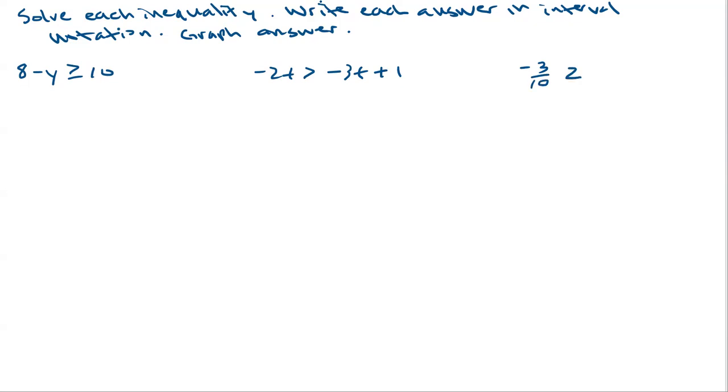negative 3/10 z is less than 11. Then we have negative 5x plus 4 is less than 44.